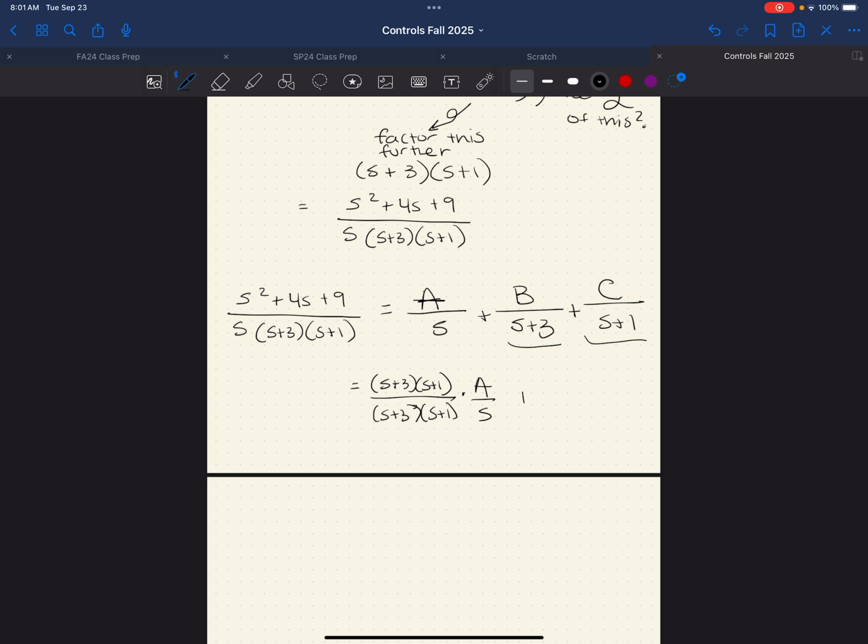And we're going to do the same thing for B, multiplying by the other terms. So we have an s and an (s plus 1), over s and (s plus 1), times B over (s plus 3). Same thing with C. What's left is s and (s plus 3).